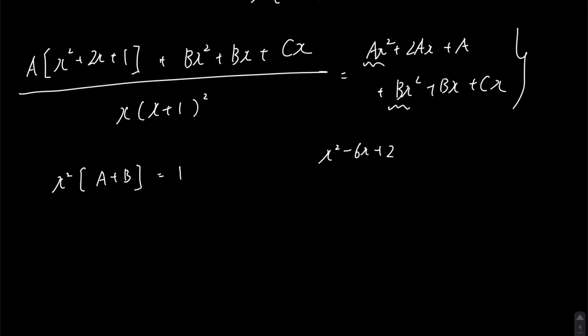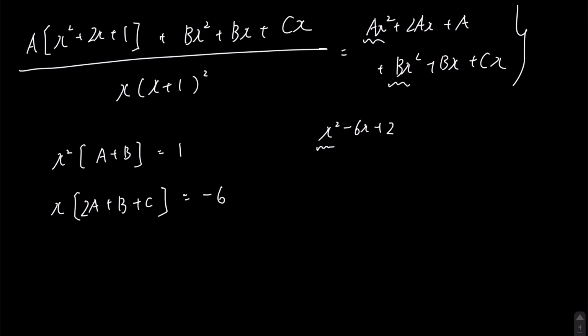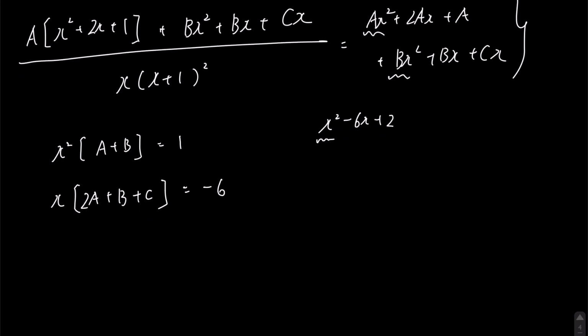So from the original equation, we know our coefficient is 1. And x times (2A plus B plus C) will be equal to negative 6. And so A will be the rest. So A will be 2.